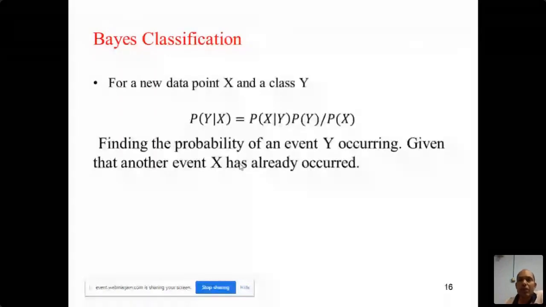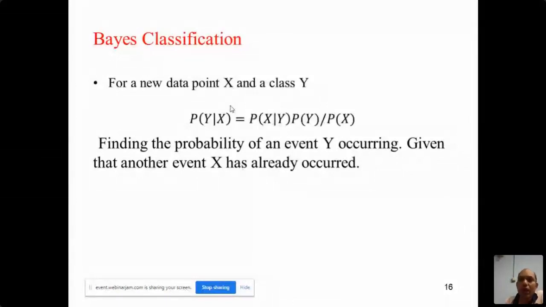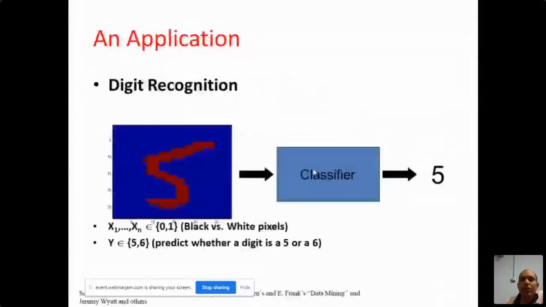Here for the new data point x, where x indicates x1, x2, x3, and the class label y, we want the probability of the event y occurring given that another event x has already occurred. In this way we will go.